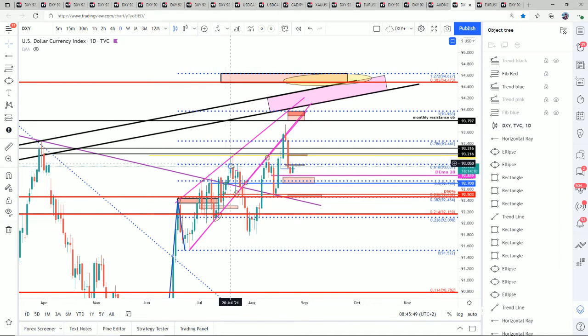You see how it has been working here. Then we came back and bounced again, and we are now bouncing. We bounced from the 38.2 and 236 red fib here. We came up again, went to the 78.6 fib, went a little bit through it, which is normal in summertime, and now that's where we are exactly.